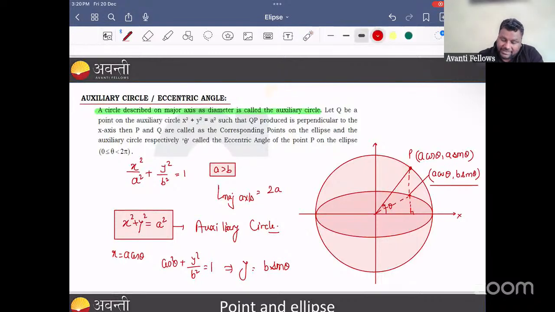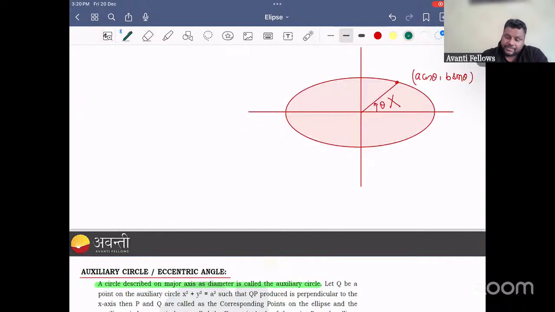I'll mark it with another pen. See this triangle. This angle is going to be theta. Am I clear? Make sure you do. This is a very common mistake students make. They take the point a cos theta comma b sin theta and take this angle as theta. Not correct.